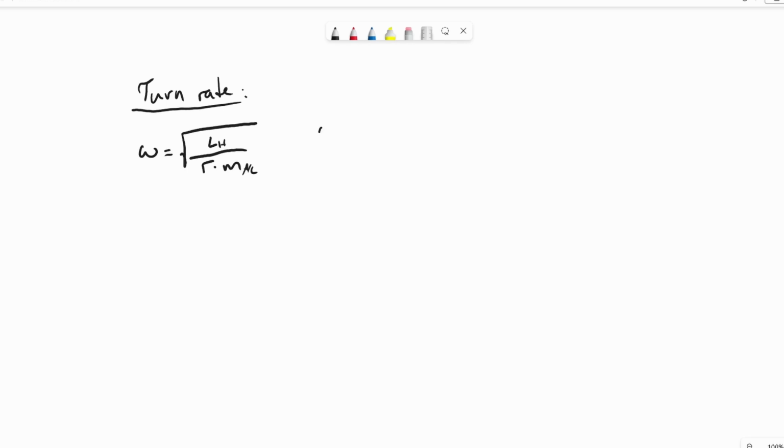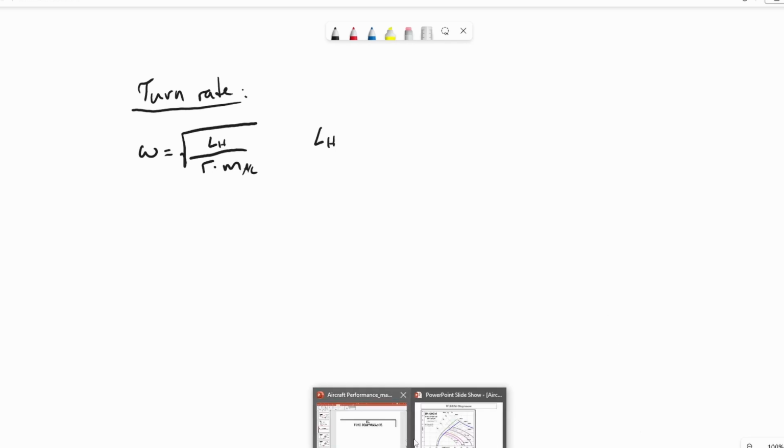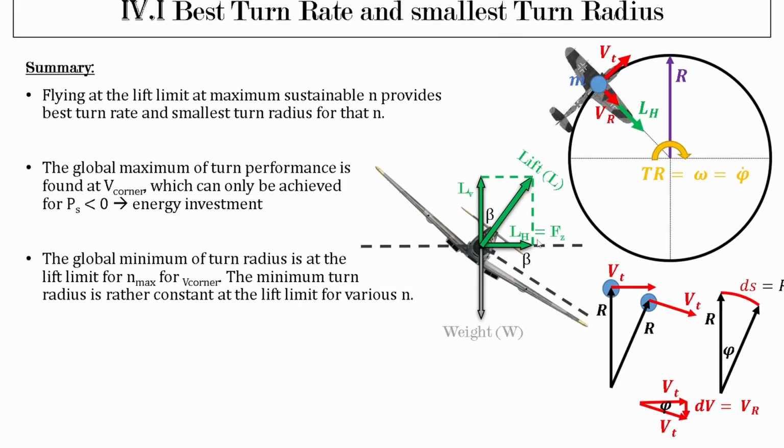We've already established, using our trigonometry skills and the graph here, pull this up real quick for you here, that we can use our cosine and sine and the bank angle to find the horizontal and vertical lift components.